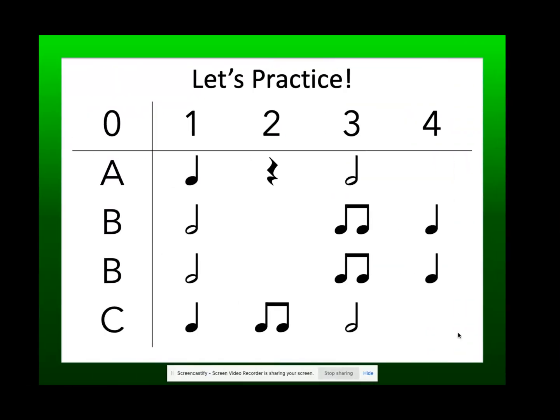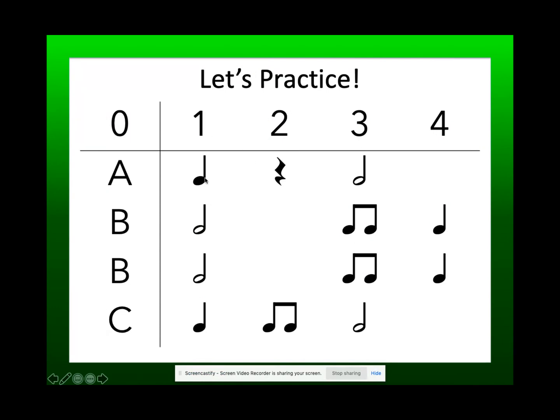Either way, when you're done, I want you to take a picture of all of that rhythm. And the important thing I want you to think about while you're writing is lining up your music notes underneath the numbers. So when you look here, we have beat 1 and all those notes are underneath. When you look at beat 4, these notes are underneath.